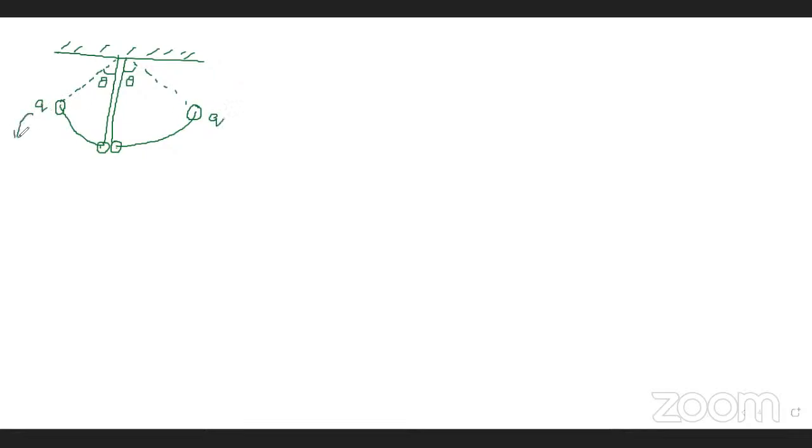Now this charge is leaking at a constant rate. If charge is leaking at a constant rate, what will happen? The pendulum bobs will start coming closer to each other.